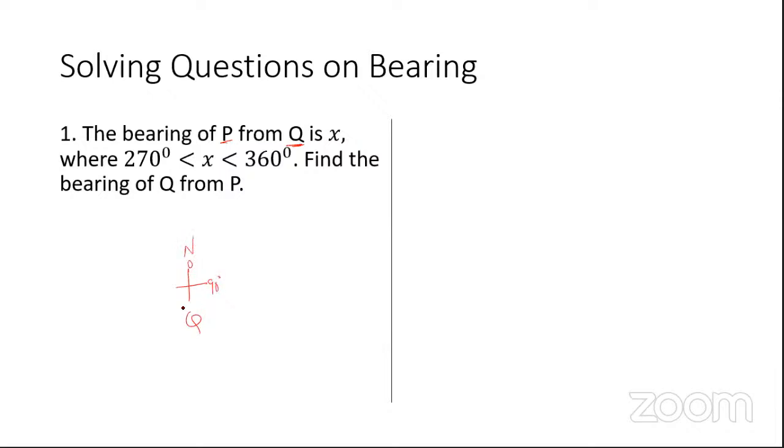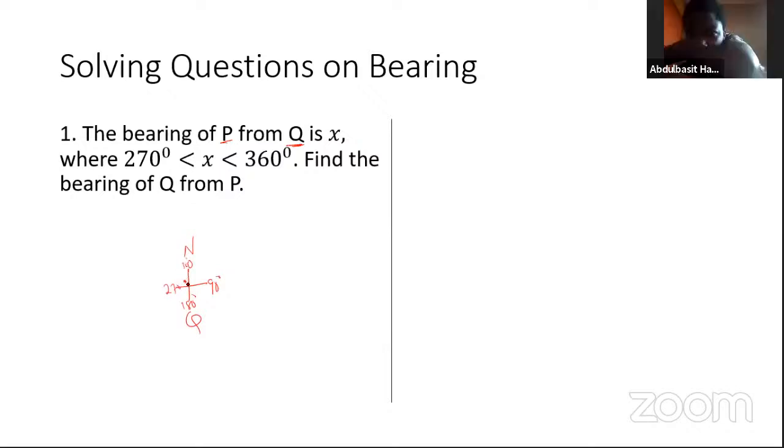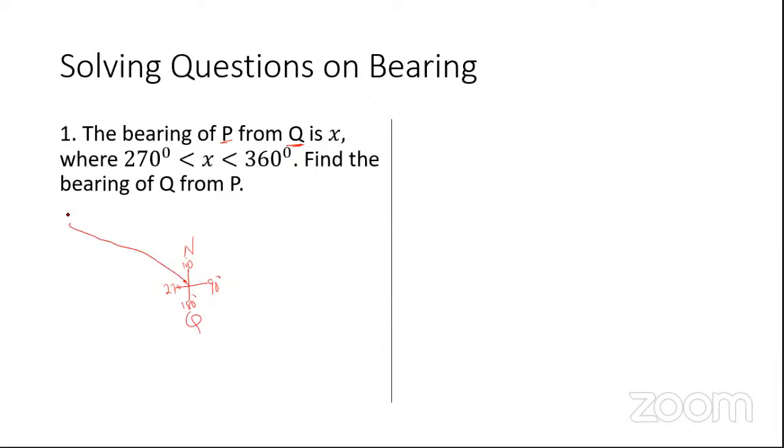This is 90 degrees, this is 180 degrees, this is 270, and this is 360. So what they are telling us is that our X is around here. It means our P will be somewhere here. So the bearing of P from Q is X, so from here to here is X.